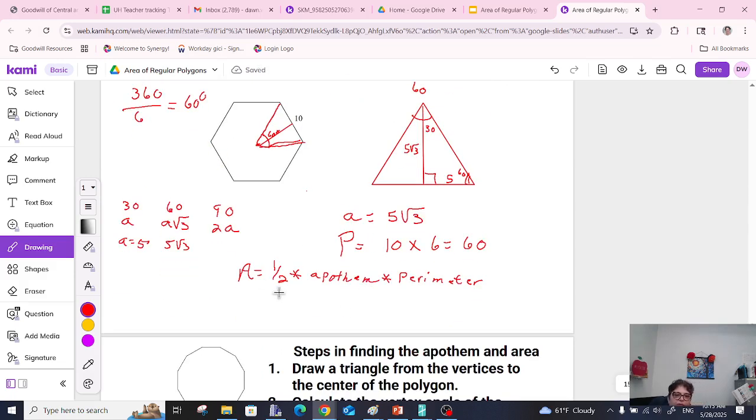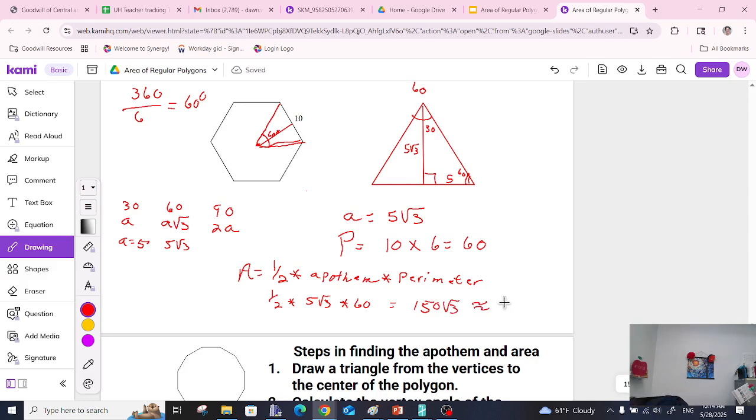So 1/2 times 5 root 3 times 60, which would be, yeah, I was going to get the exact answer first. So that'd be 150 root 3.